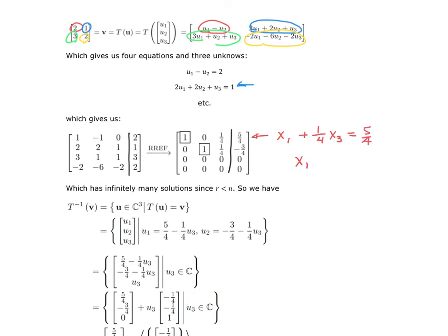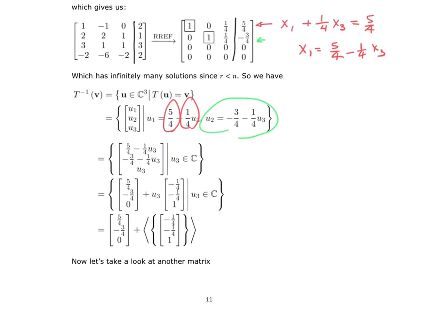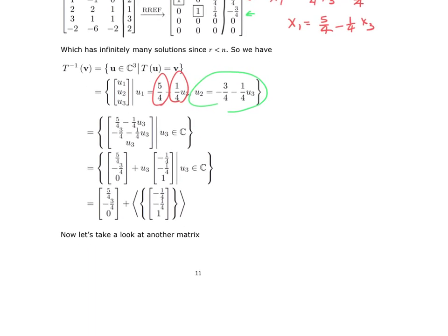So x sub 1 is equal to 5/4, that's this, minus 1/4 x sub 3, and you can see that's that. And then, of course, I would have done the same thing here, and I get this, which we know the other way that we can write that is in this form, which is this form here.